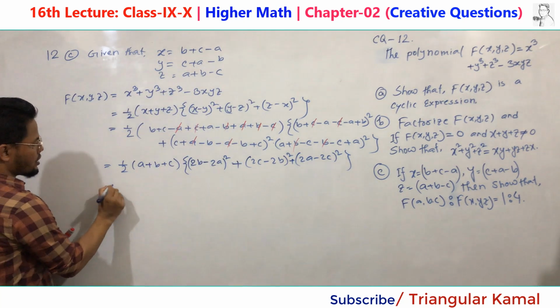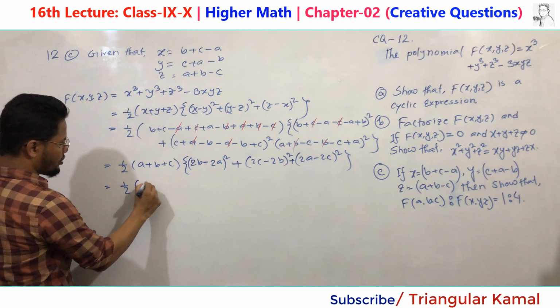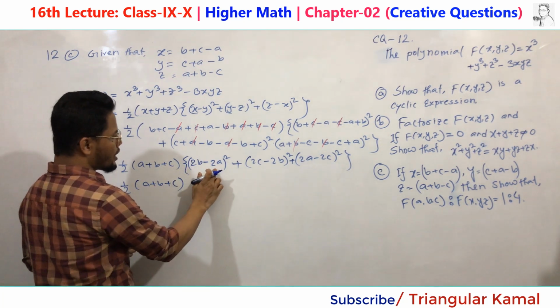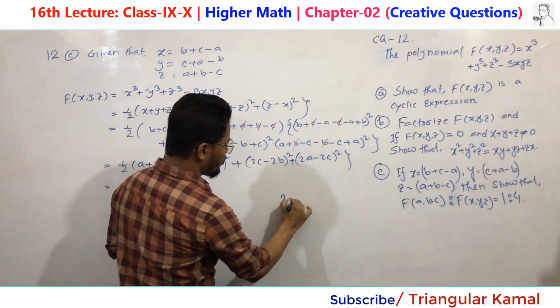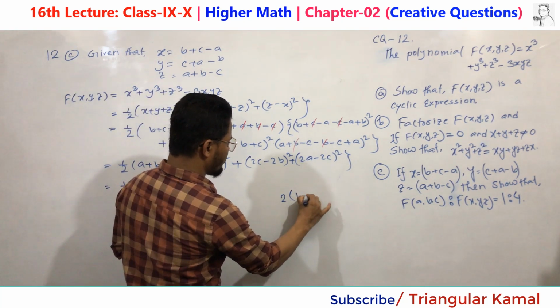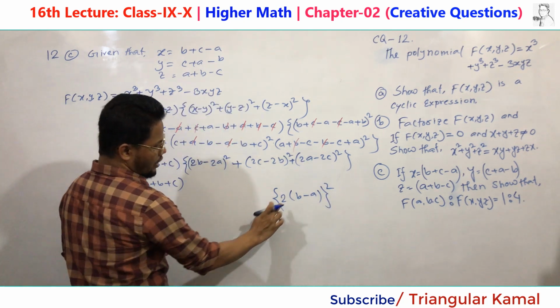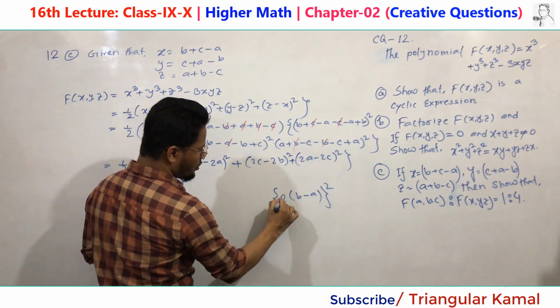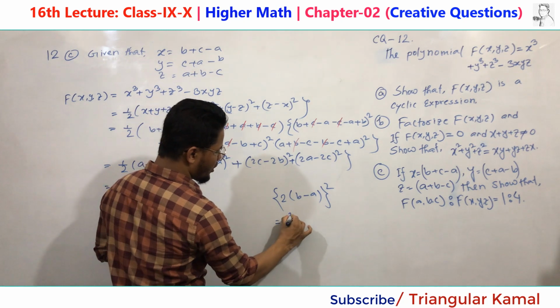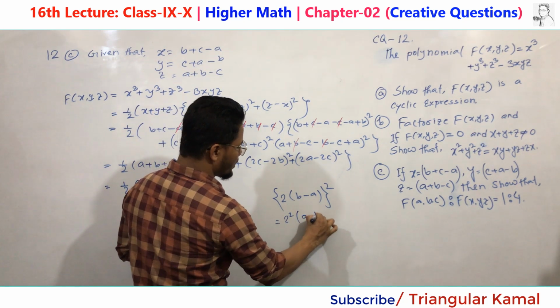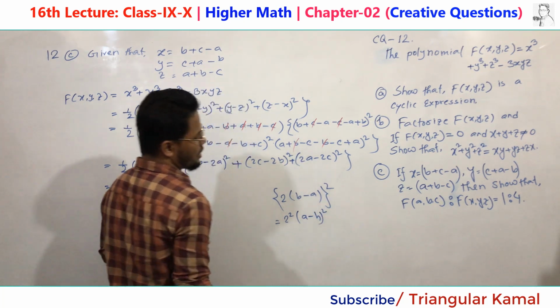Okay, just now common here half times of a plus b plus c. If we take here common 2, twice b minus a, then we find out the 2 square, that means 4, and b minus a whole square and a minus b whole square both are same.